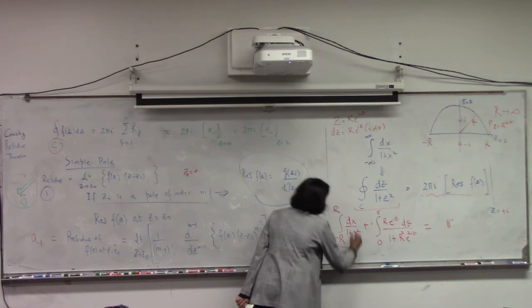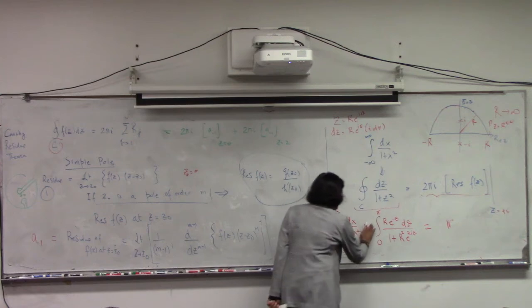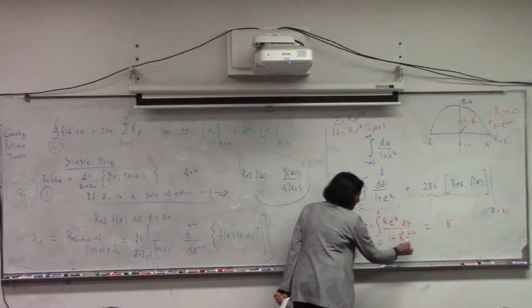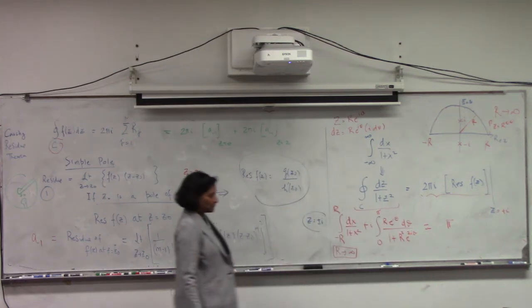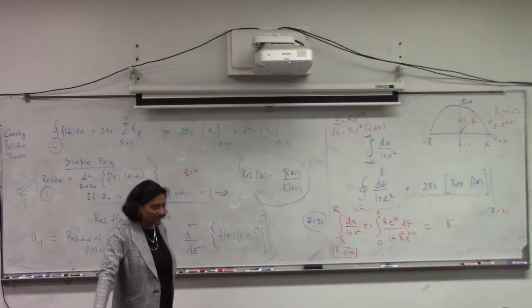Now we're going to examine this integrand in the limit r tending to infinity. What happens to this? Because I also have to get back infinity, because that's what I'm interested in. So what is happening to the integrand for r tending to infinity? R is very large, so I can write the denominator as approximately r squared exponential of 2i theta, right?